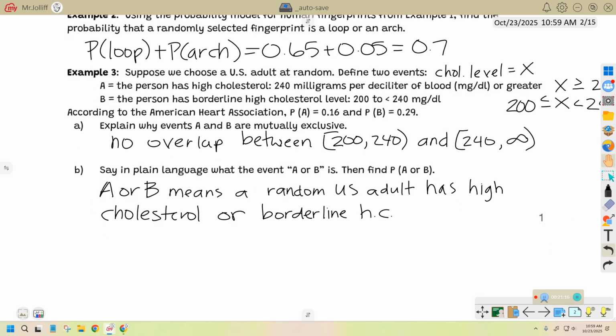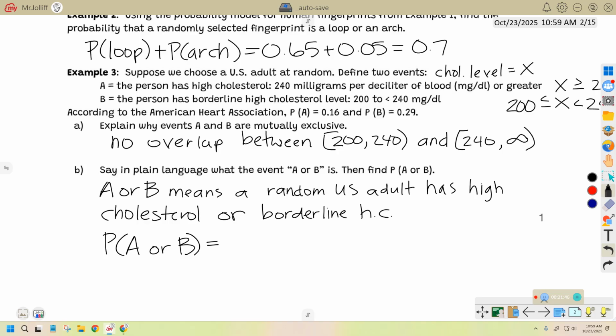Okay, and they ask us to calculate it, and we just determined that they are mutually exclusive. So Isaac, if I want to find the probability of A or B, what should I do? We're going to wait for Isaac. That's okay. I appreciate the enthusiasm. Or means to do what?